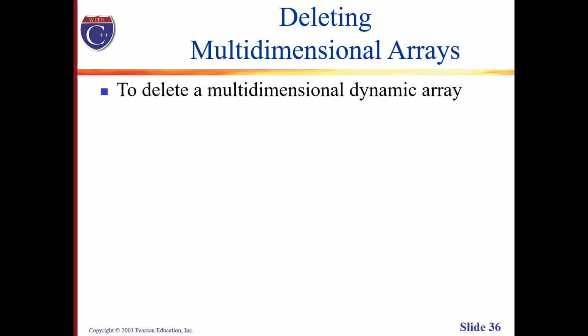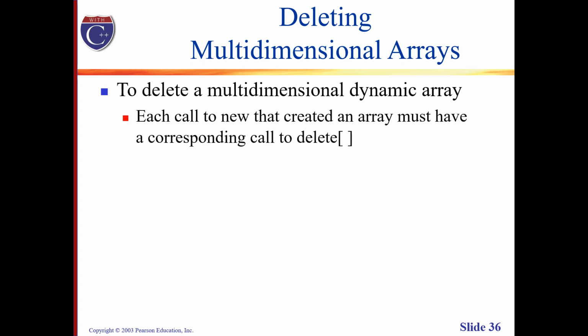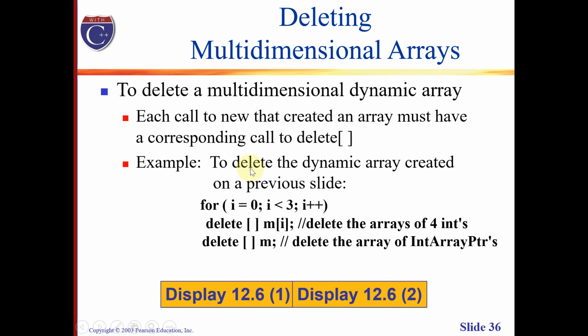To delete a multi-dimensional dynamic array, each call to new that created an array must have a corresponding call to delete. For example, we would like to delete the dynamic array created on the previous slide. Thus, for each call to the new operator, there should be a corresponding call to delete, as we can see here, which would delete the array that we created in the previous slide.